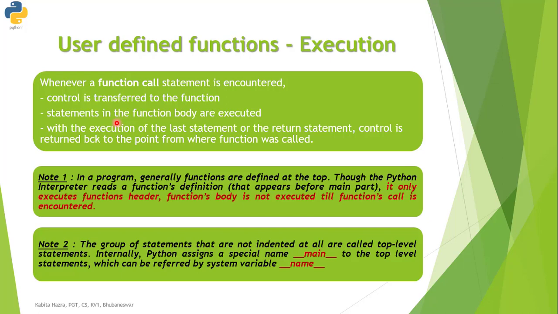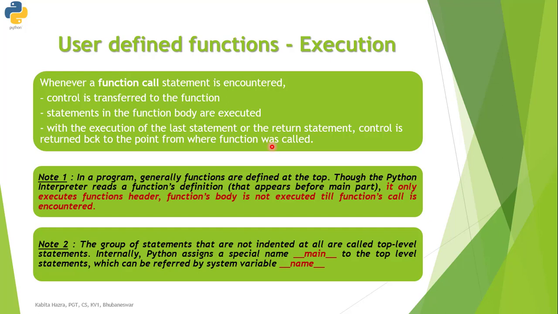The statements in the function's body are executed in order, and with the execution of the last statement or the return statement, control is returned back to the point from where the function was called, that is, to the caller.